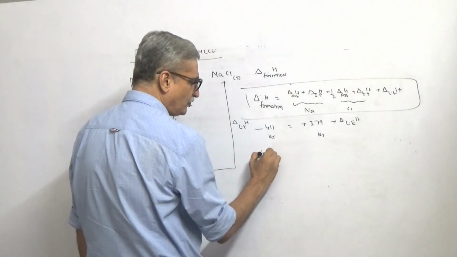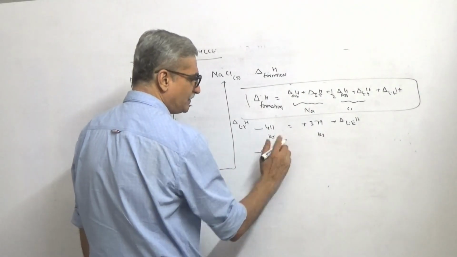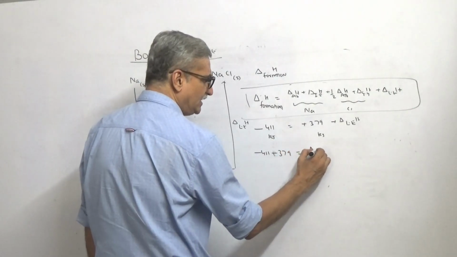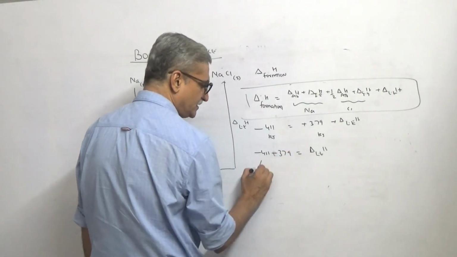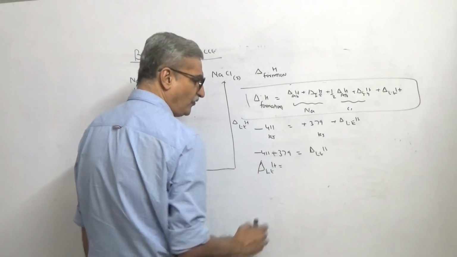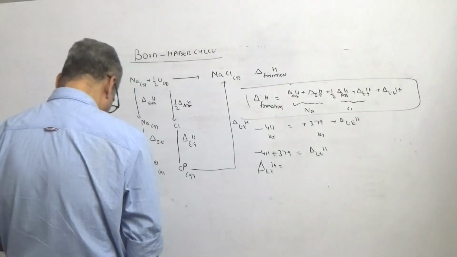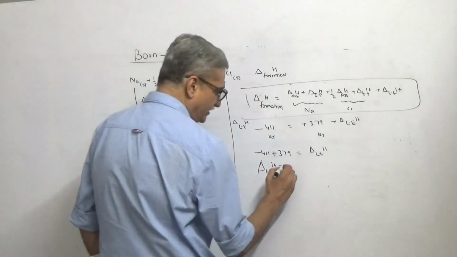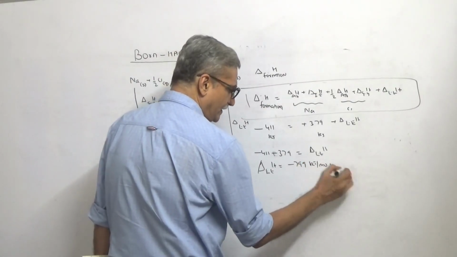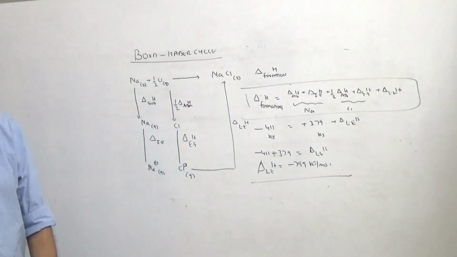So minus 411, this plus became minus, minus 379 is delta lattice energy H. So your delta lattice energy H for sodium chloride becomes minus 790 kilojoule per mole.